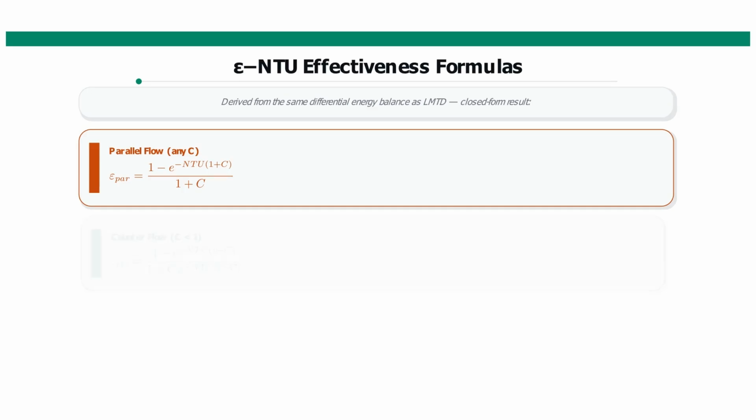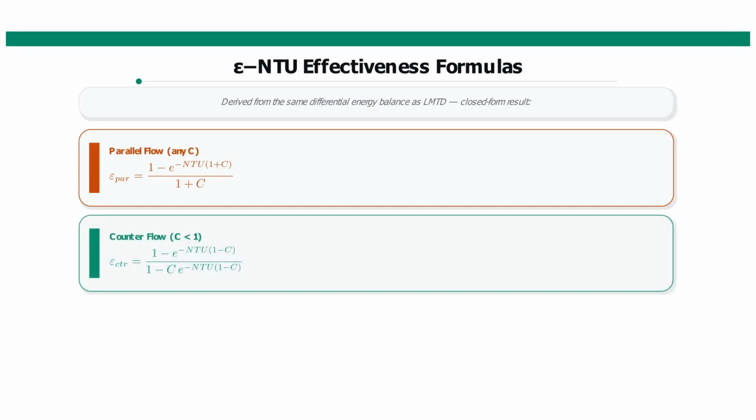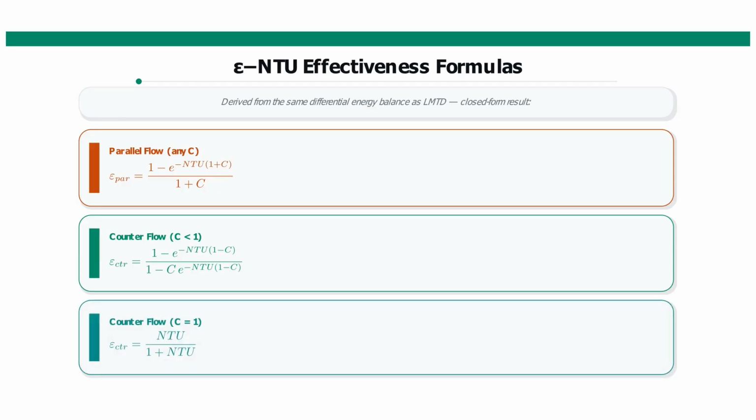For counterflow, when c is less than 1, epsilon counter equals 1 minus e to the negative NTU times 1 minus c, divided by 1 minus c times e to the negative NTU times 1 minus c. For counterflow, when c equals exactly 1, epsilon counter equals NTU divided by 1 plus NTU.